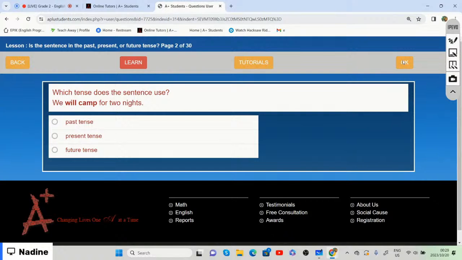We will camp for 2 nights. Will. So the word will is there. Does it give us an idea that it's in the past, in the present, which is now, or in the future?